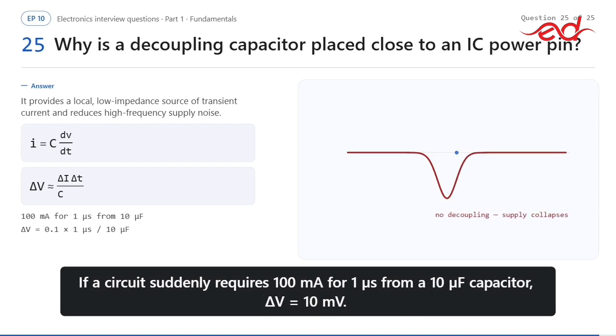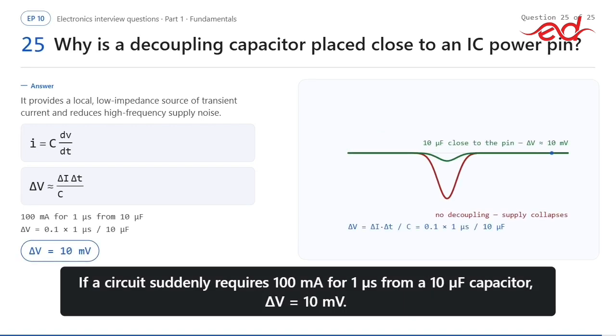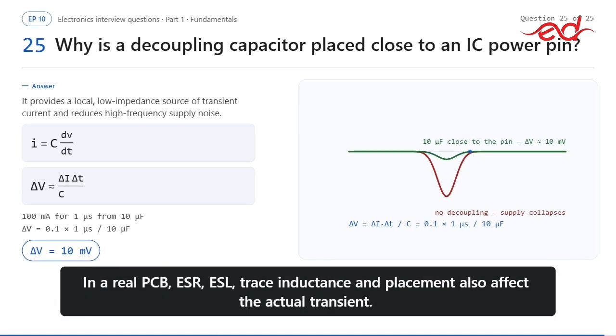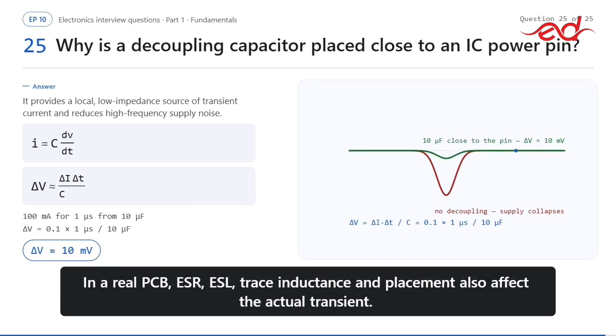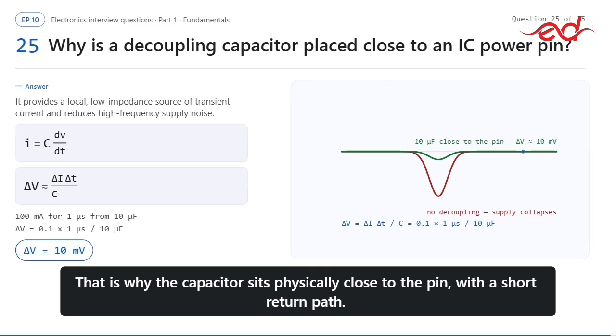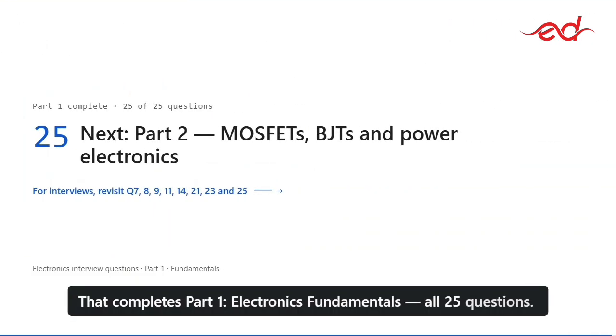I is equal to C dV by dt. So delta V is equal to delta I multiplied with delta T divided by C. For example, if a circuit suddenly requires 100 milliampere for 1 microsecond from a 10 microfarad capacitor, then delta V is going to be 10 millivolt. In a real PCB, ESR, ESL, trace inductance, capacitor impedance versus frequency and placement also affect the actual voltage transient.